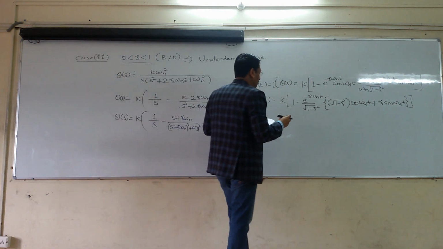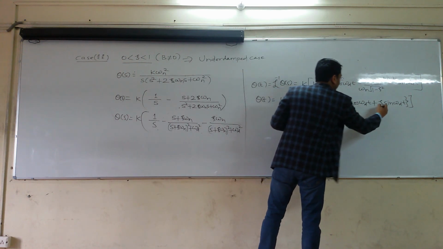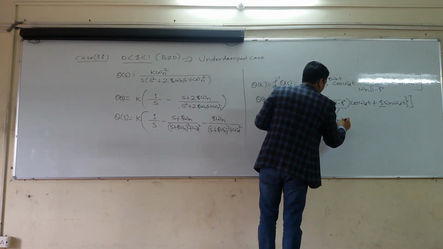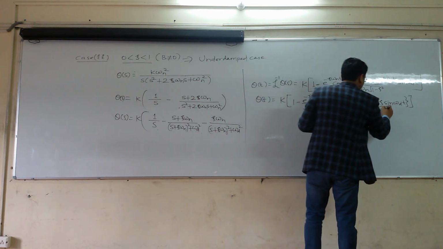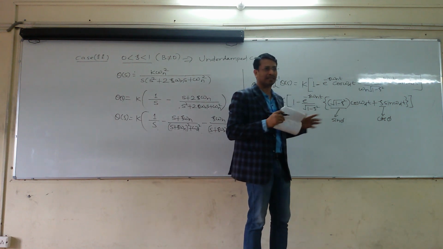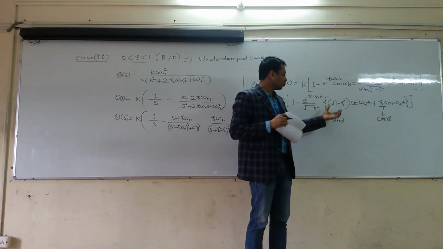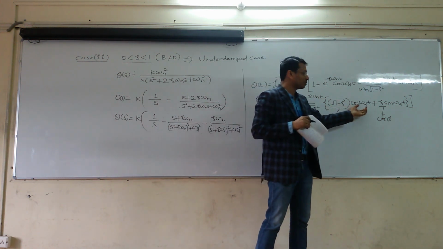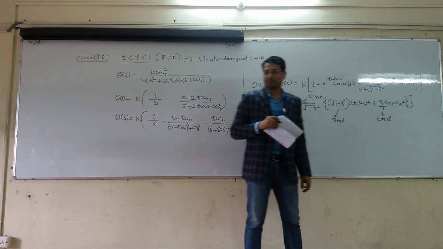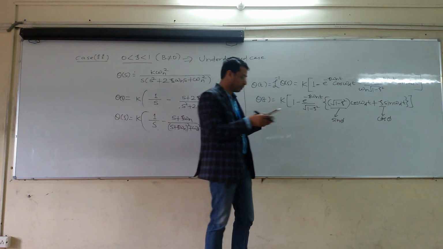Okay. So now assume this term and this term respectively, like this is sin phi and this is cos phi. Why am I assuming like this? Because I want to use the formula sin phi cos theta plus cos phi sin theta from your trigonometry.